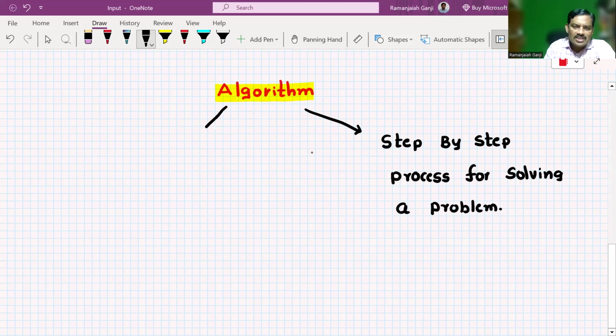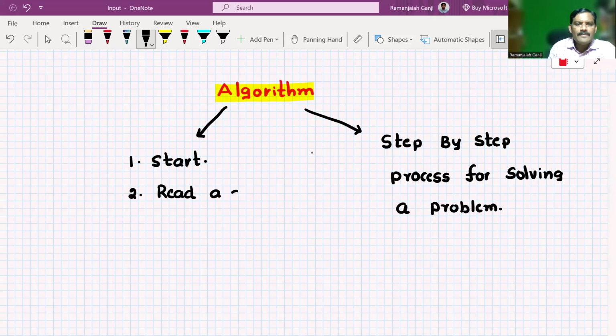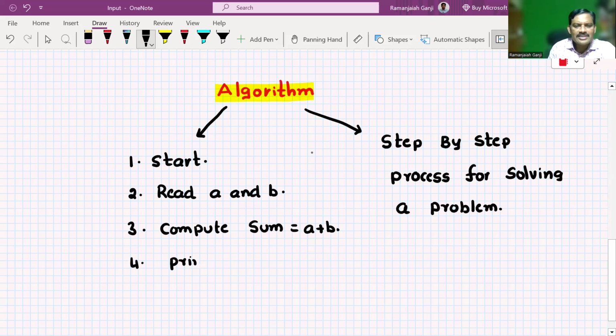In order to solve this problem, for example, I want to write an algorithm for addition of two numbers. Listen. Step number one is start. Step number two, you need to read two numbers, A and B. Compute sum is equal to A plus B. Print sum.